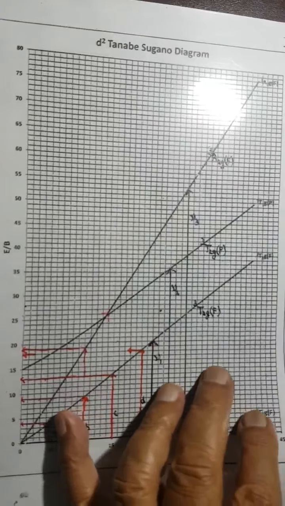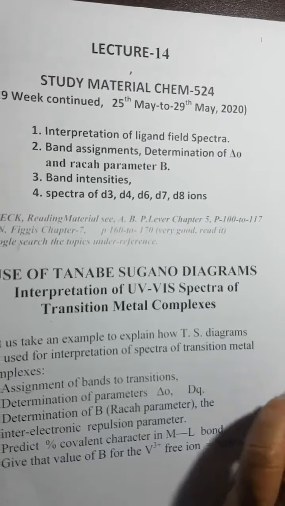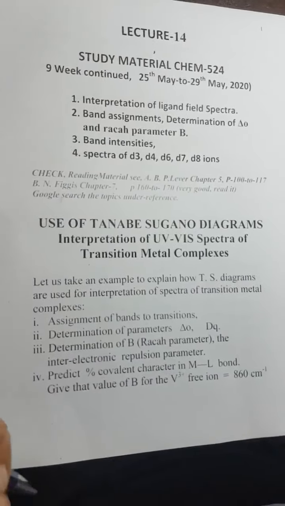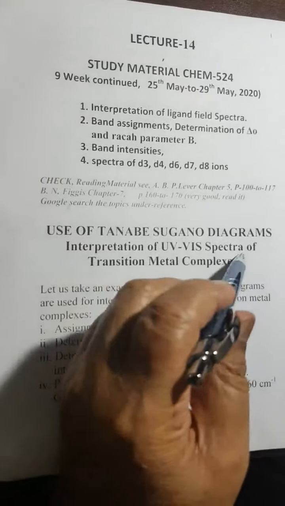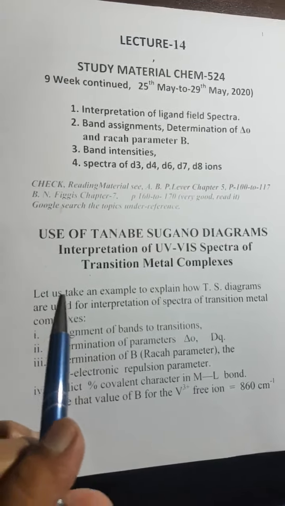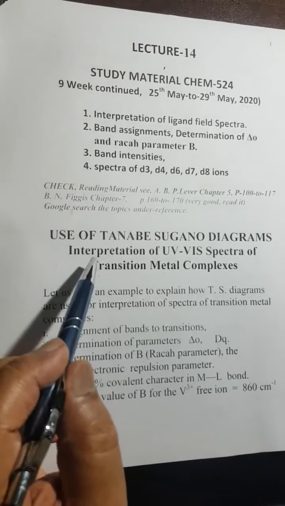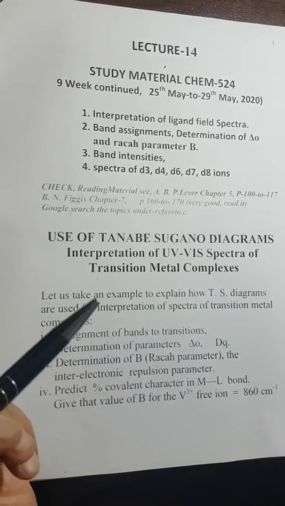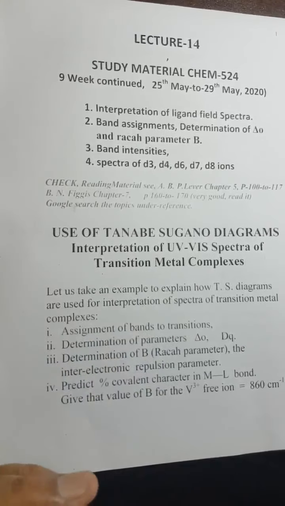Now let's come to the material. Today I'm going to talk on the use of these diagrams, which I have explained once again. For what purpose? For interpretation of the UV visible spectra of transition metal complexes.